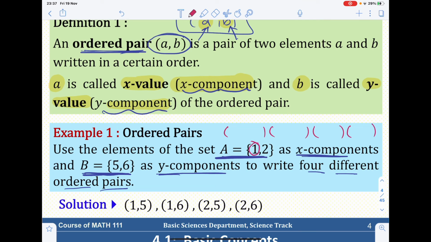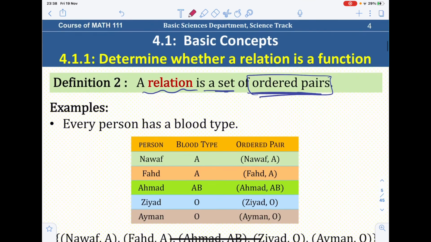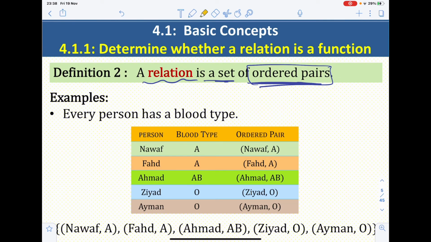Since here I can take 1 in the X component and 2 also as X component, then I will use B to write the Y component of the ordered pairs. So I'm going to write here 5 and here 5, and then I will write 6 with 1 and 6 with 2. So here we have 4 different ordered pairs by using set A as X component and set B as Y component. Okay, so as we said, relation is a set of ordered pairs.